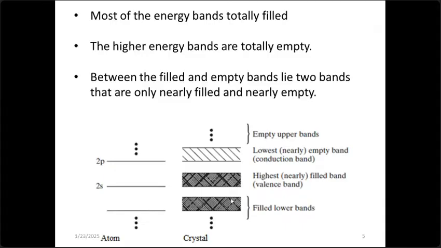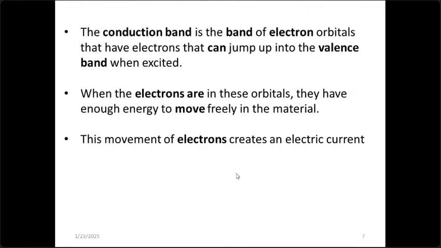And below the valence band, we have all the energy levels filled. Again, when taking the electronic configuration, when the second shell is filled, electrons go to shell number 3. When shell number 3 is filled, they go to shell number 4.